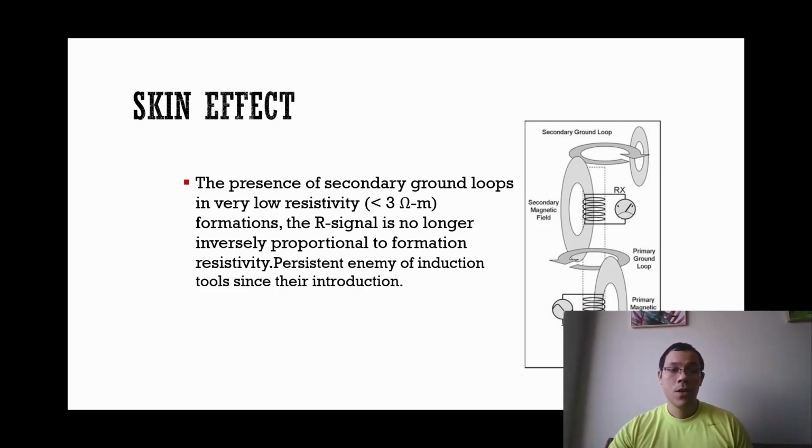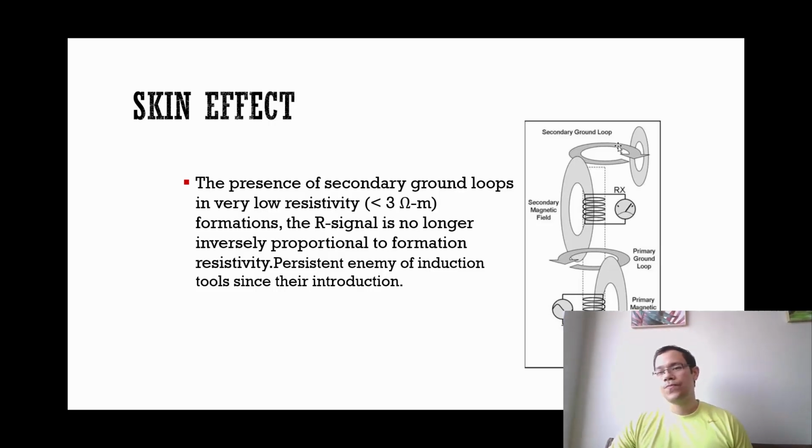So let's read it. With the presence of secondary ground loops, this one on the top, in very low resistivity formations, the R signal is no longer inversely proportional to formation resistivity. And skin effect has been a persistent enemy of induction tools since their introduction.